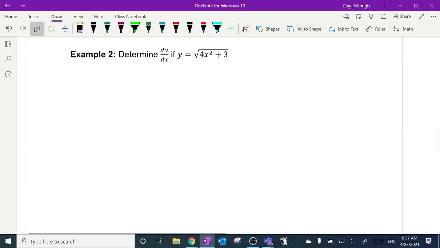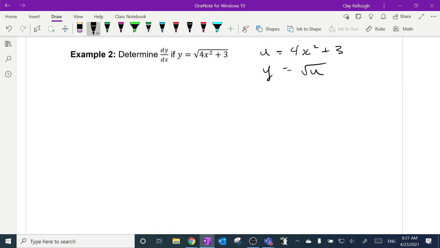So using my new Leibniz notation, I am going to let u equal the thing under the brackets, so 4x squared plus 3, and y then is equal to the square root of u.